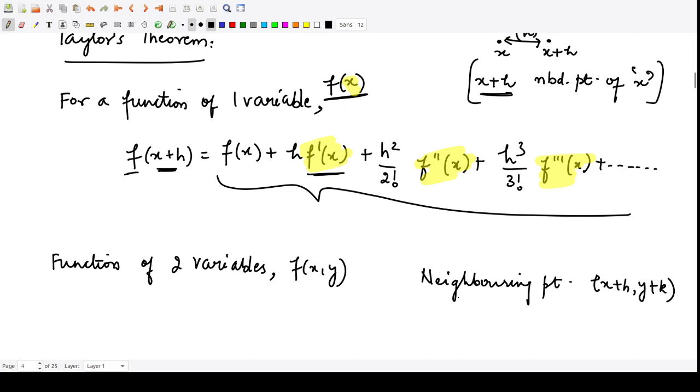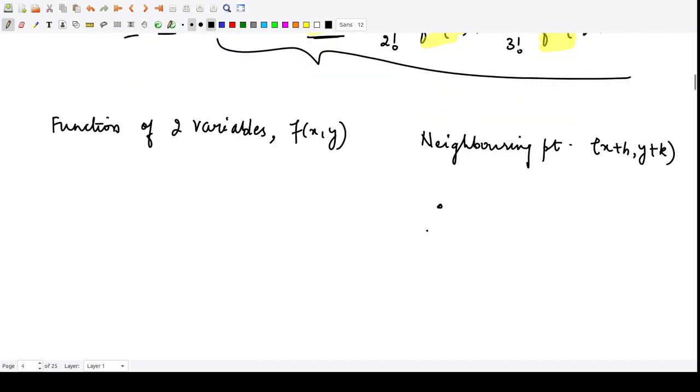So that means if you have some point here as x comma y, some point would be here, in the neighborhood of this point, and its coordinates would be x plus h and y plus k. So the horizontal shift is given by this distance h, and the vertical shift is given by this distance k.